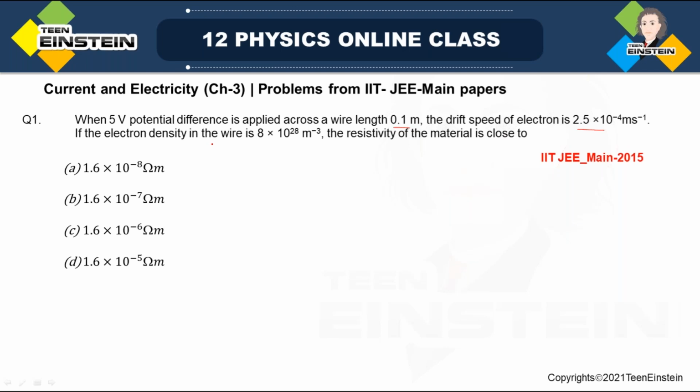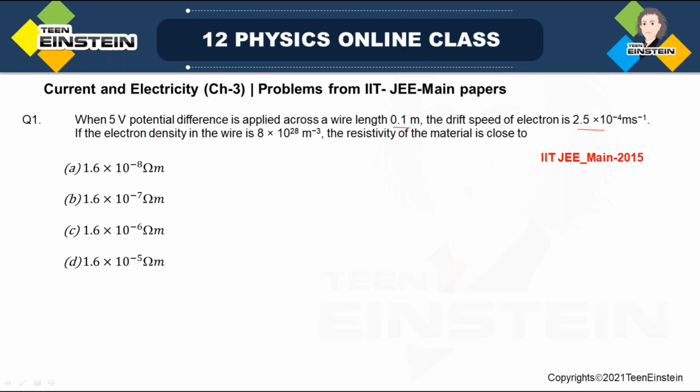If the electron density in the wire is 8 into 10 to the power 28 per meter cube, then you have to find out the resistivity of the material which is close to one of these four options. You have to find out the correct answer for this.